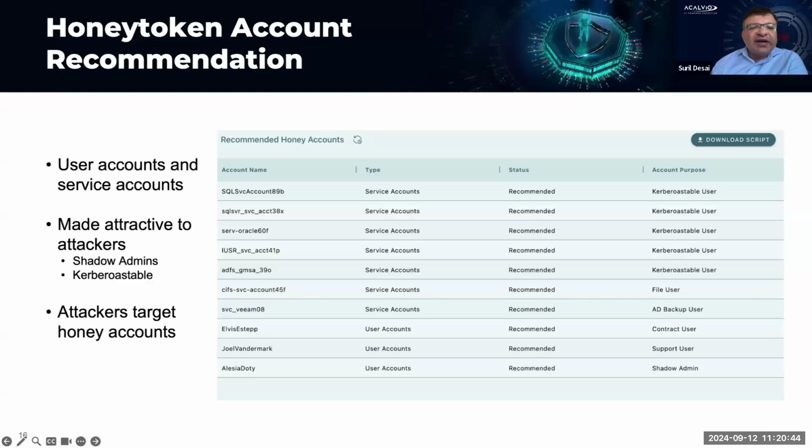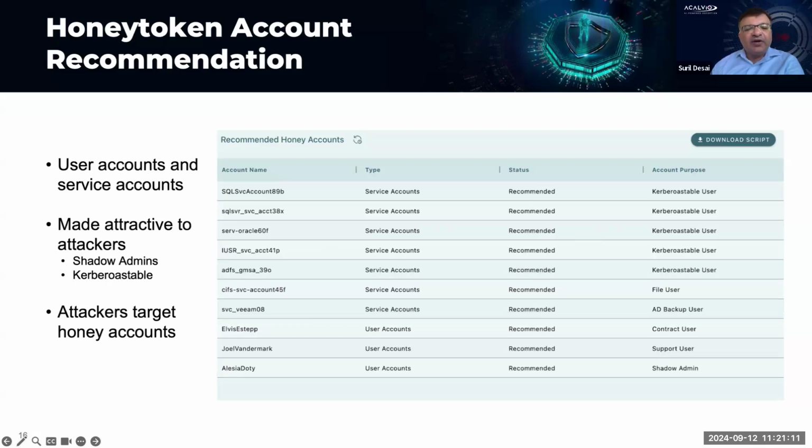So here is an example of the Acalvio honey token account recommendation. What you're seeing here is the power of the Acalvio AI in action. If you look at the actual set of honey token accounts recommended by the platform, we generate honey token accounts of multiple types. These can represent service accounts for important assets like a production database, such as a SQL Server.